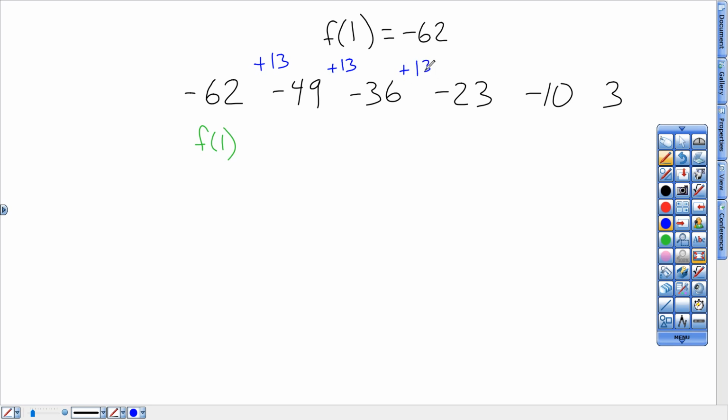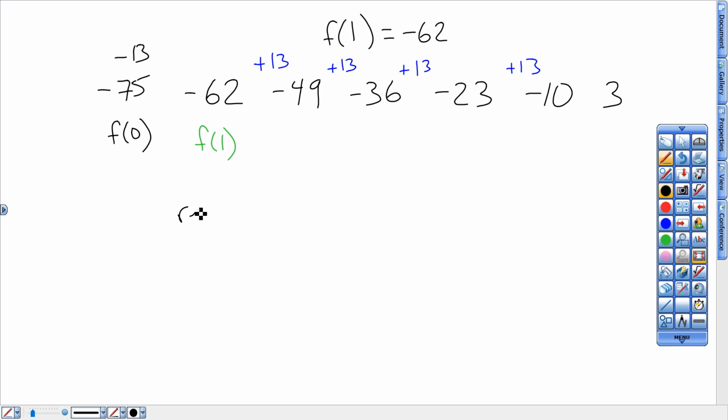Adding 13, which means if I'm going back to the 0 term, I'm subtracting 13 from this -62. So -62 minus 13 gives me -75.